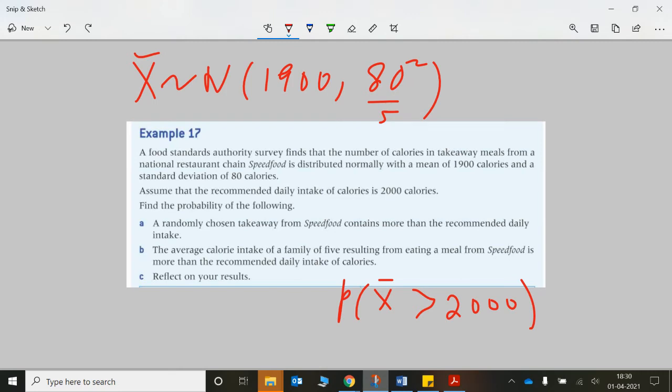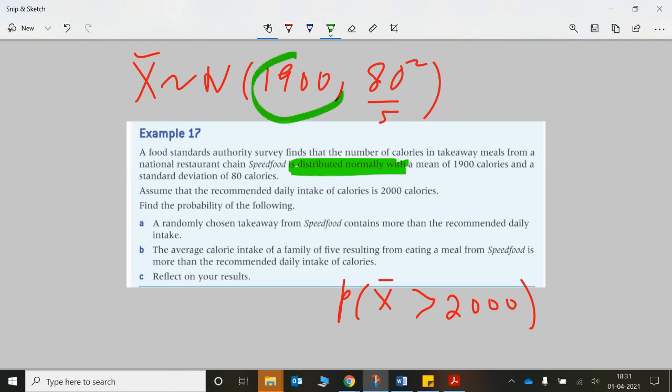That's example 17 done. So example 17, just to reflect on this, specifically said that we had normally distributed information to start off with, which enabled us to combine variables. That is, we combined the meals for 5 of the members of the family, and therefore we could combine them.